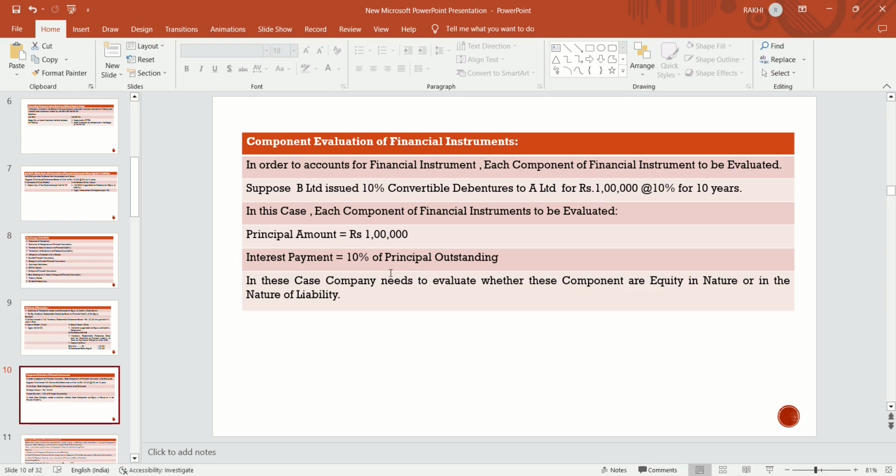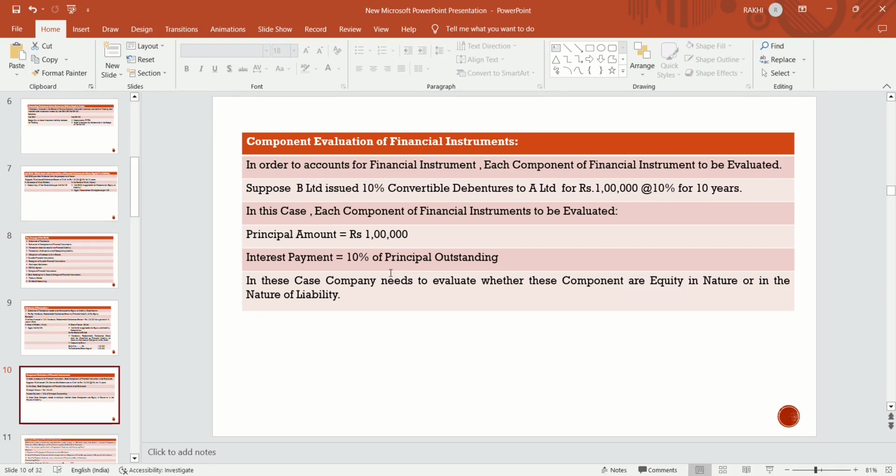In this case, each component of the financial instrument is to be evaluated, because the interest component, whether interest is also converted into equity or interest is to be paid in cash, should be evaluated first. The company needs to evaluate whether these components are equity in nature or in the nature of liability. Whether at the end of the year the convertible debenture will be converted into shares or redeemed at the end of year 10.